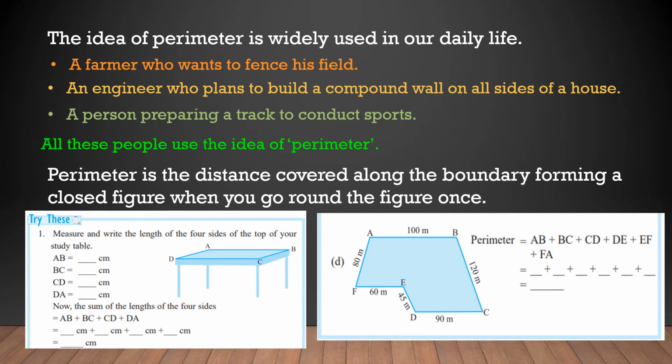Then the perimeter is equal to the sum of all these sides together, that is equal to 100 plus 120 meter plus 90 meter plus 45 meter plus 60 meter plus 80. And thus you will get the perimeter as 495 meter.